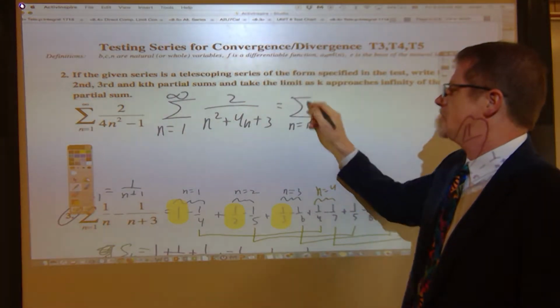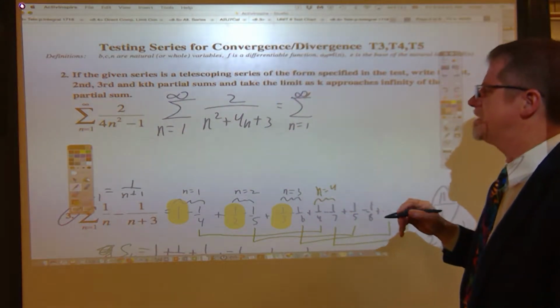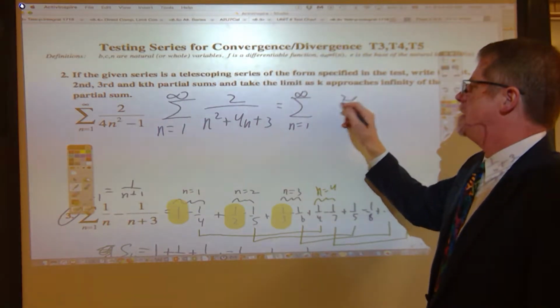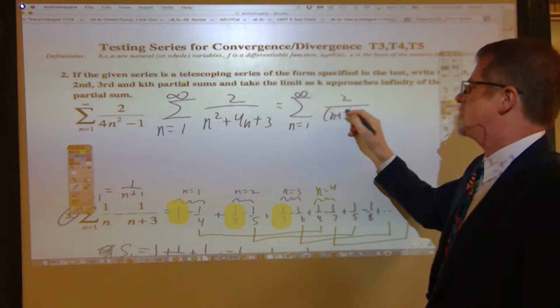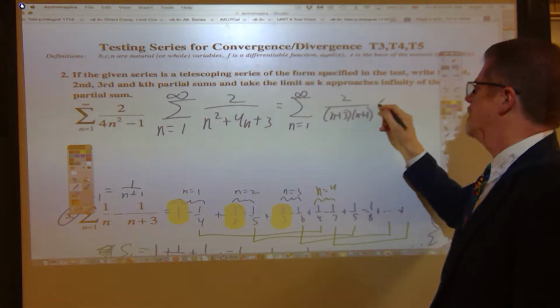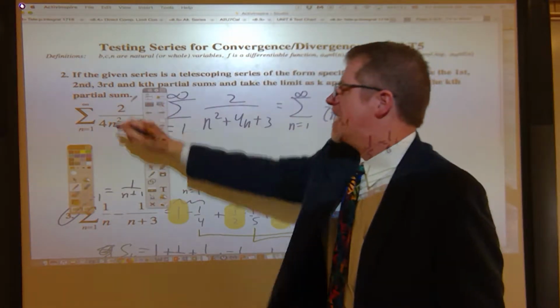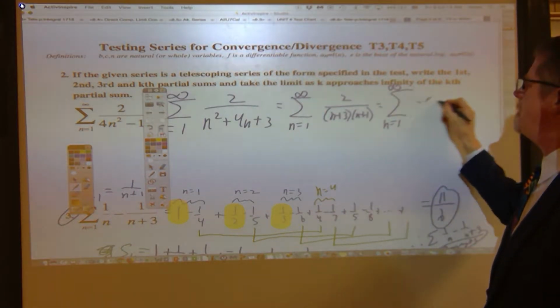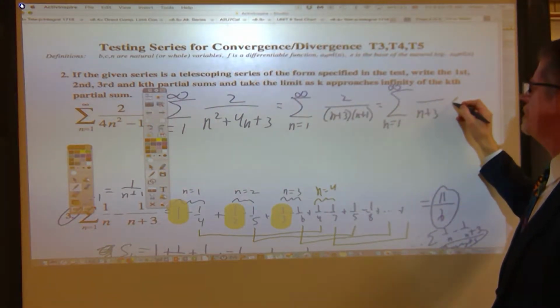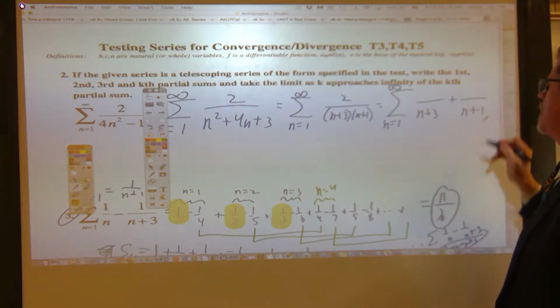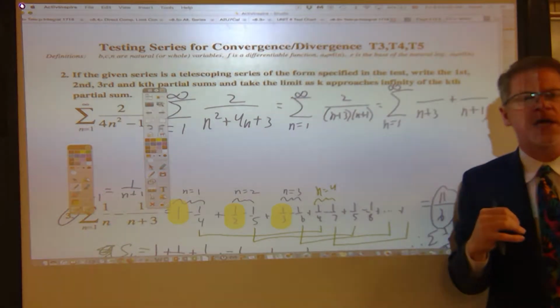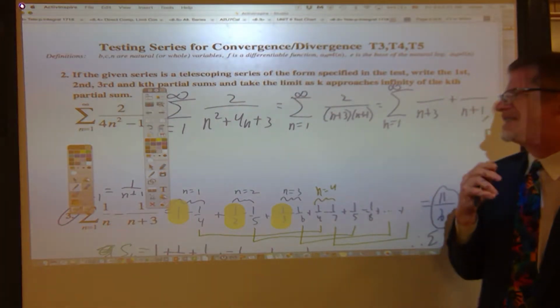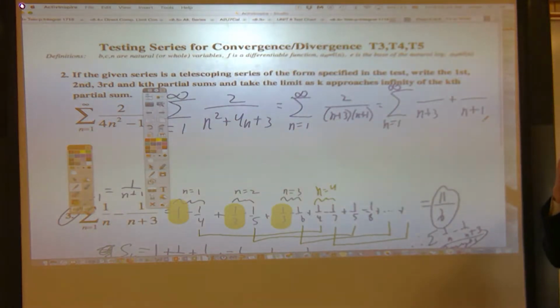This is the summation from n equals 1 to infinity. Notice how the denominator factors into n plus 3 times n plus 1. So a partial fraction decomposition could be achieved using the cover-up method, something over n plus 3 plus something over n plus 1. Go ahead and perform the partial fraction decomposition in order to find out what's going on here.